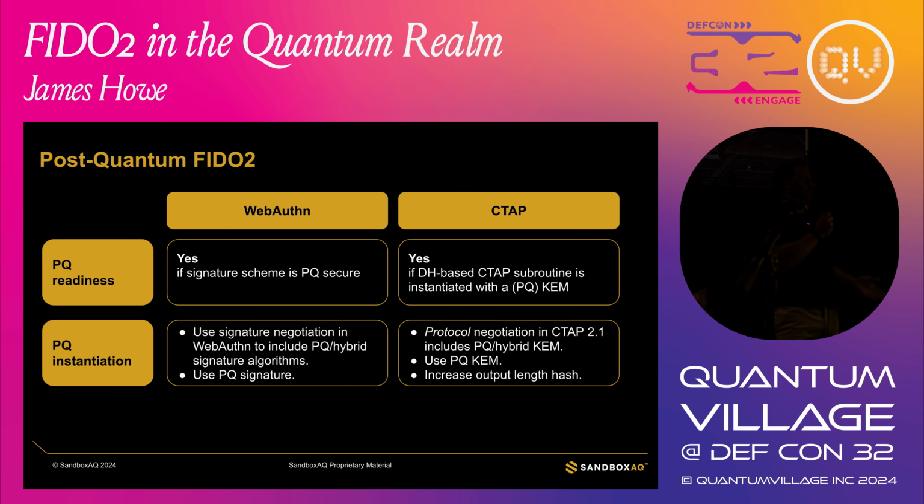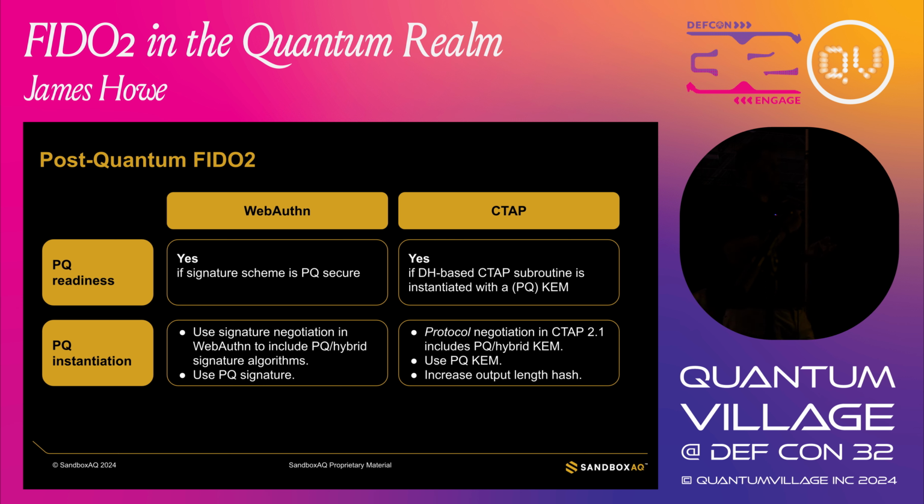So in terms of whether FIDO2 is ready for post-quantum, for WebAuthn, you effectively are if you switch out the signature scheme with a post-quantum scheme. With CTAP, it's the same answer really, but you switch out the encryption method with something that's post-quantum. So for WebAuthn, you basically just use a post-quantum signature. Whether this is purely post-quantum or hybrid is a question you can solve.